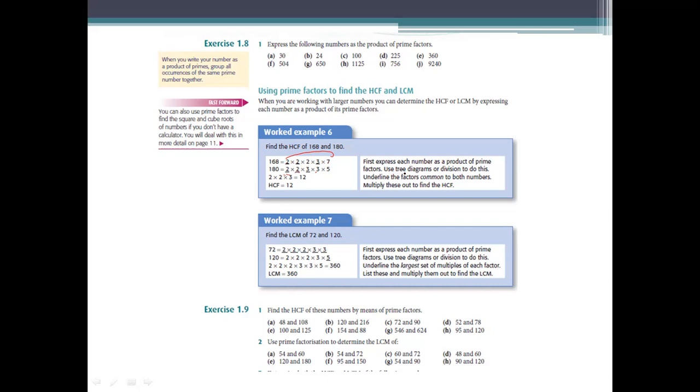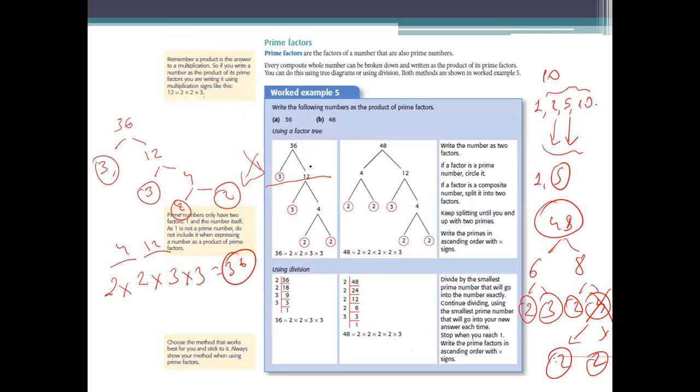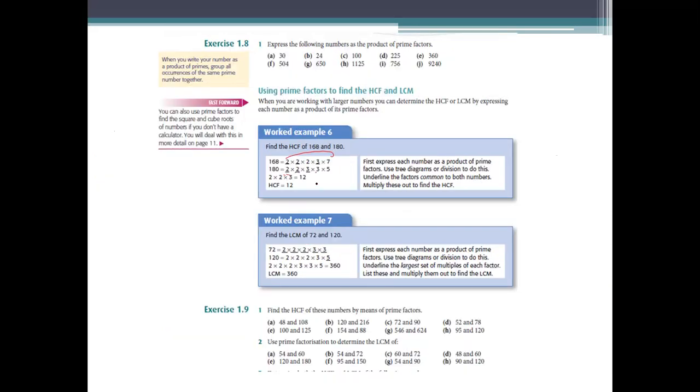And use the diagrams of division to do this. I want to remind you, this one is our diagram. Okay, and underline the factors common to both numbers. Multiply these out to find the HCF.